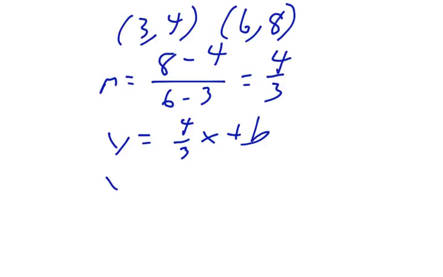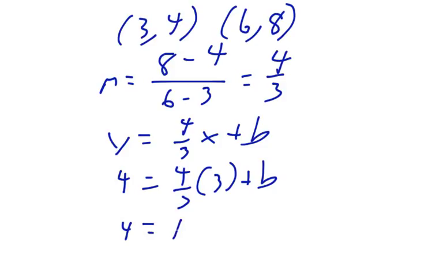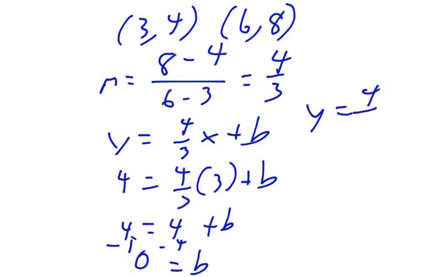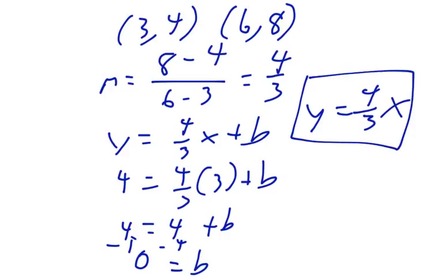I'm going to plug in either one of the points, so I'm going to do 4 equals 4/3 times 3 plus b. So 4 equals 4 plus b. Subtract 4, and 0 equals b. So I wind up with y equals 4/3 x plus 0, but I'm just going to leave it as 4/3 x, and I'm finished. And that was it for the reviews.